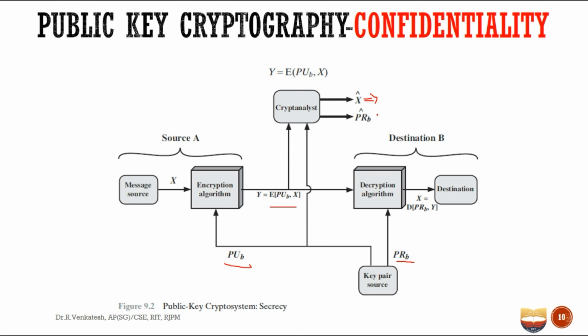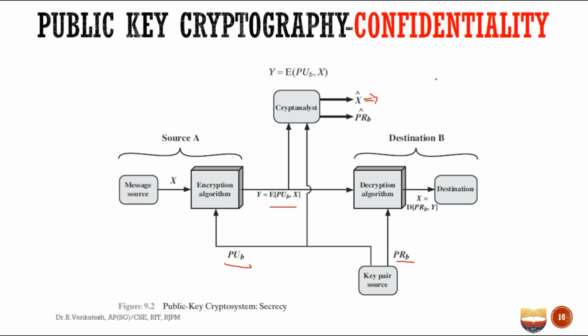If the cryptanalyst wants to discover this particular message, they consider only X cap. If they want to discover the following substantial messages, they consider the private key cap. So this diagram represents public key cryptography confidentiality.